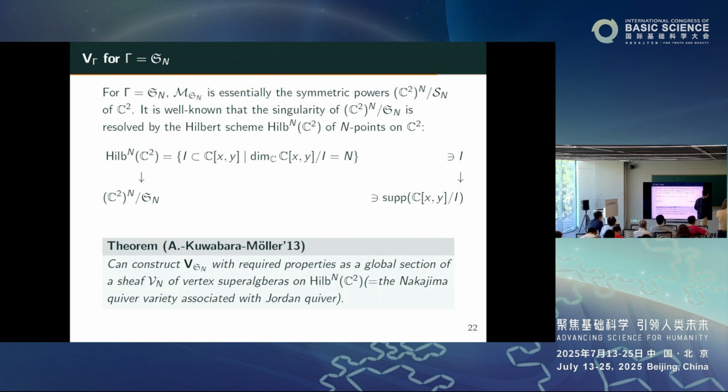And is there any interpretation of the associated canonical filtration? So this is exactly the same as Nakajima's construction. Nakajima constructed it as a certain Hamiltonian reduction. And to do Hamiltonian reduction, you start with a Weyl algebra.